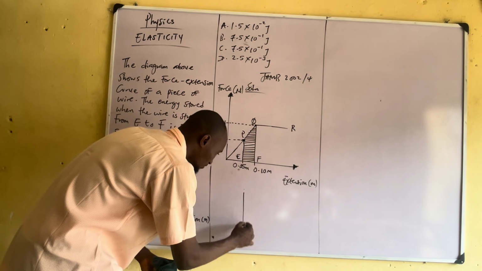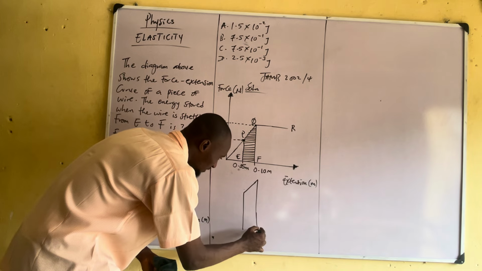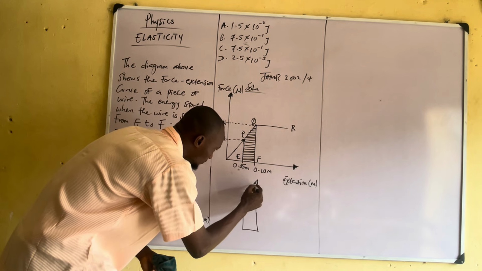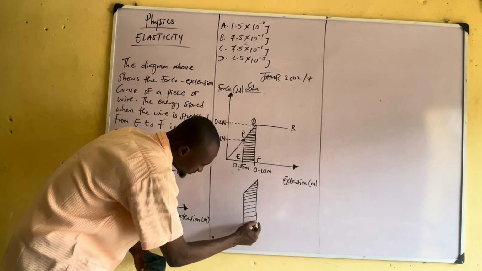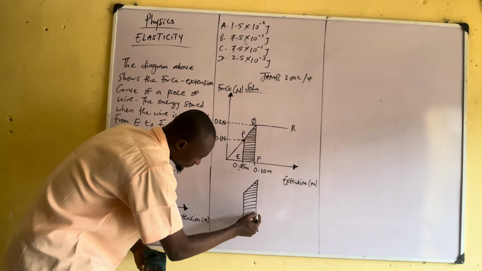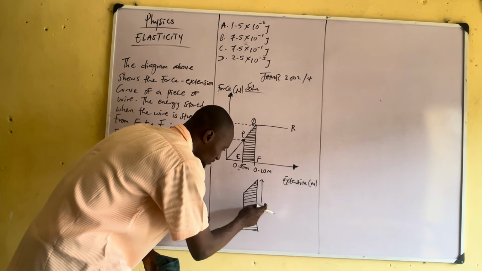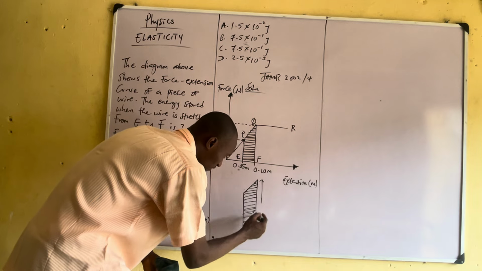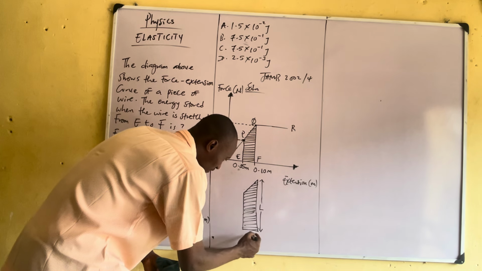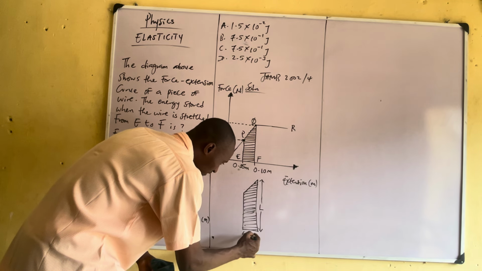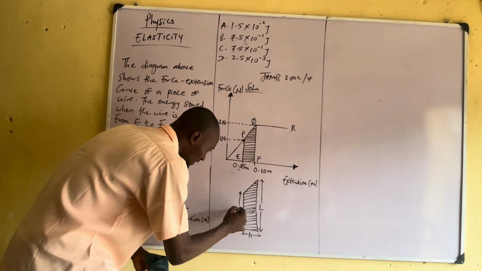So we have to carve out this shaded portion here. Look at the way it looks exactly in the graph. We shade it. When you are done shading this, from here to here is length, from here to here is our height, and from here to here is our breadth.